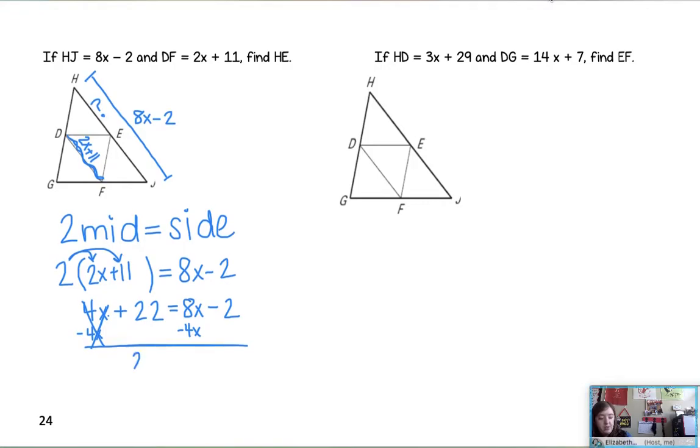So we're just left with 22 on the left. Eight x minus 4x is 4x. And we still have that minus 2.